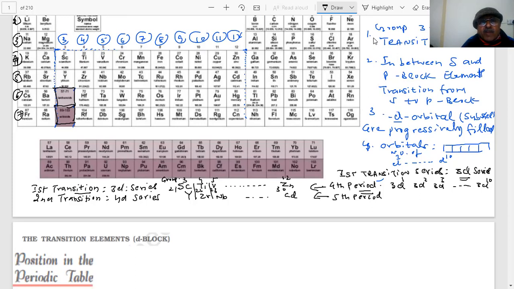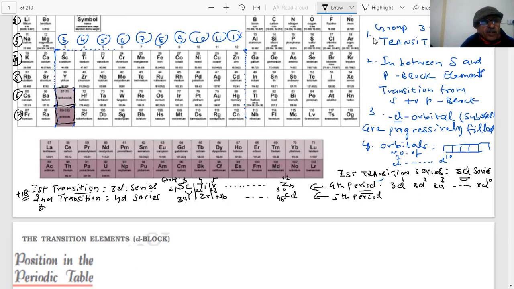Simple. We have told you the magic rule: add 18, 39. What will cadmium be then? 48. How much did I add? Plus 18. The 8, 18, 18 rule, the magic numbers we told you, will help us. This is our second transition series.